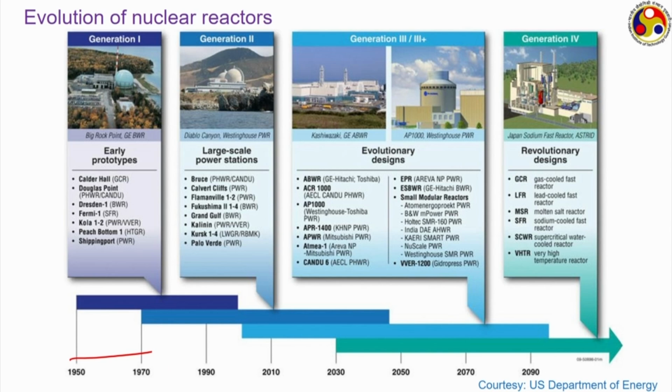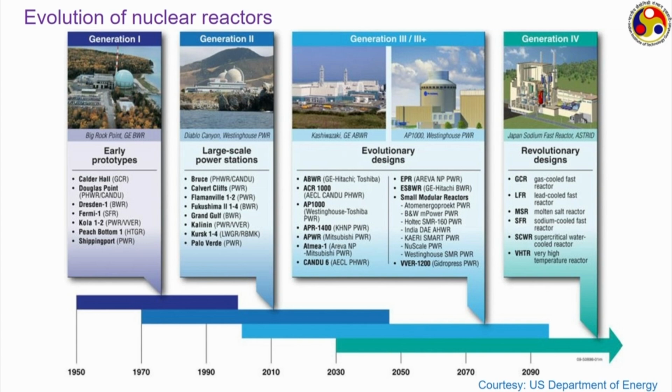Then the large scale power stations come under generation 2, which starts its journey around the 1970s and continues up to 2010. Most of the modern day reactors that we have for power production fall under this generation 2 category. Then we have generation 3 and 3 plus, which are modifications or improvements of generation 2.